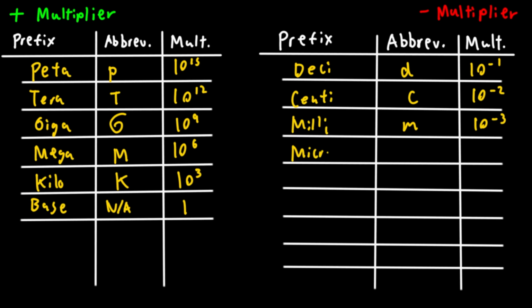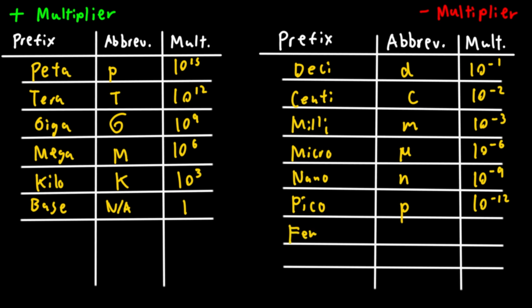Micro is abbreviated as a weird looking U and has a 10 to the power of negative 6 multiplier. Nano is abbreviated with an N and has a 10 to the power of negative 9 multiplier. Pico, however you're supposed to pronounce it, is abbreviated with a P and has a 10 to the power of negative 12 multiplier.